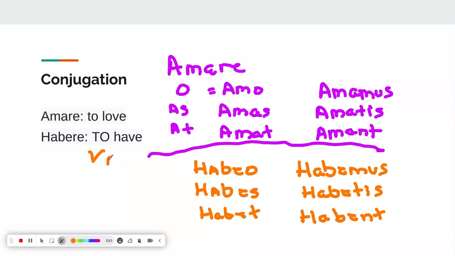So like video, videre means to see, and if I say I see, video, remember the V is a W in Latin, but that's where we get video from. I see, video. Notice that. And again, videre is an ere verb.